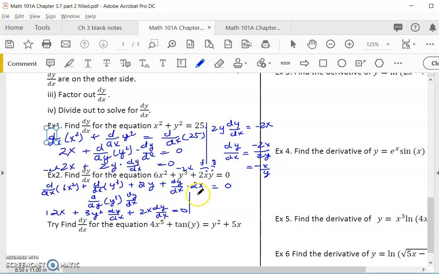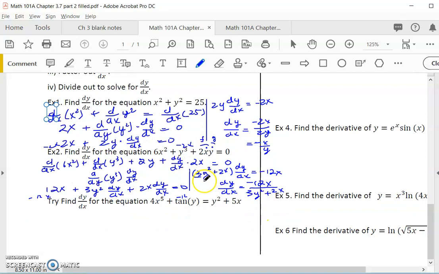So I would have 3y squared plus 2x on one side, times dy/dx. And this one I would subtract and go to the other side, negative 12x. Now I divide it out, dy/dx would equal negative 12x over 3y squared plus 2x, and that is the dy/dx formula that I can use to find the tangent line slope.